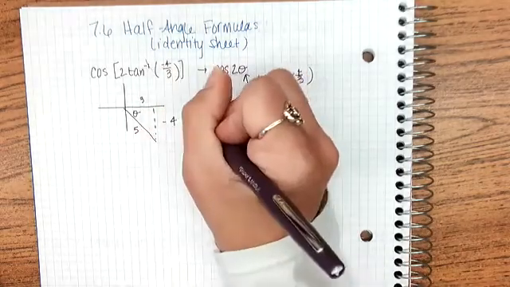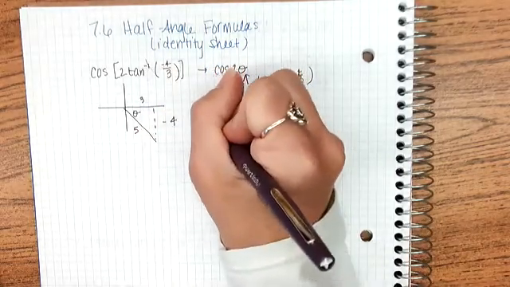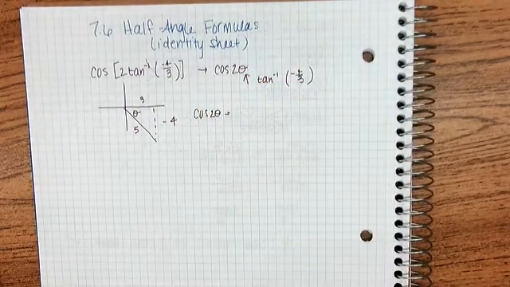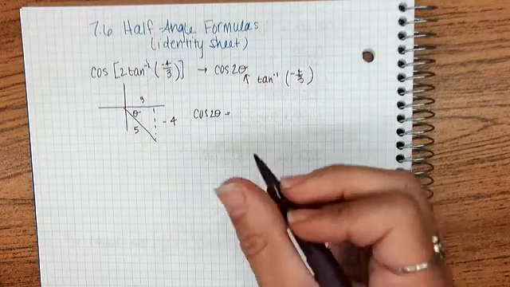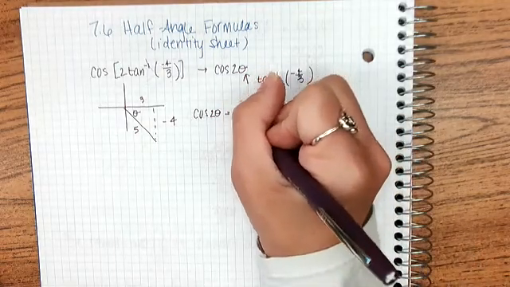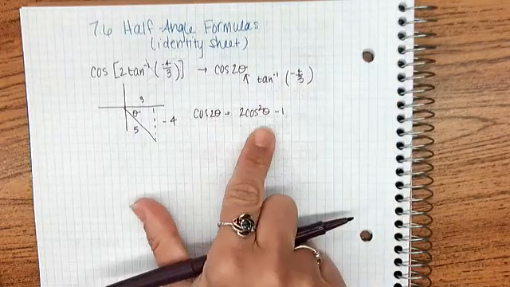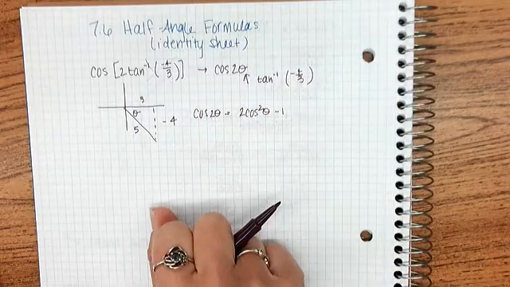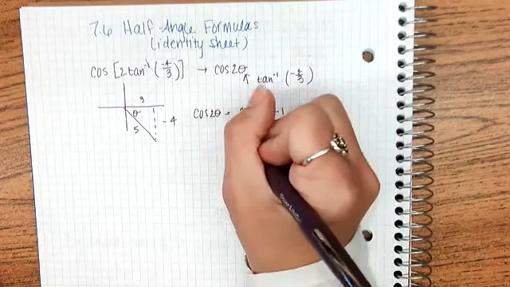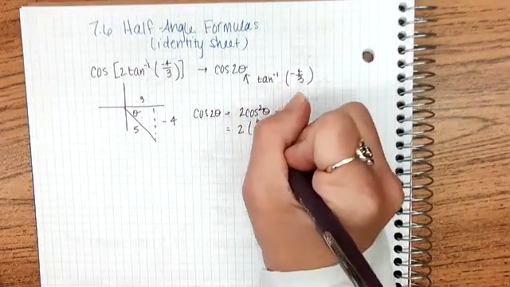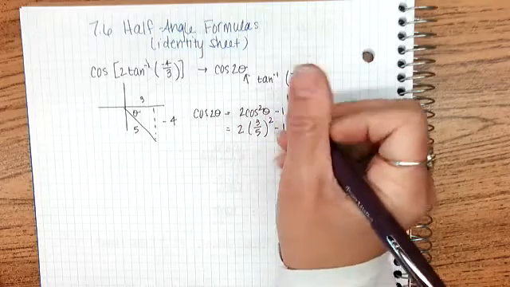So now the cosine of 2 theta, you can write it several ways. It doesn't matter which one you choose. I'm going to choose 2 cosine squared minus 1. This comes from my identity sheet. Okay, so this is 2 times the cosine, 3/5, squared, minus 1.